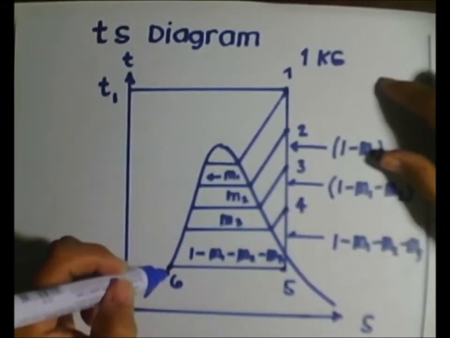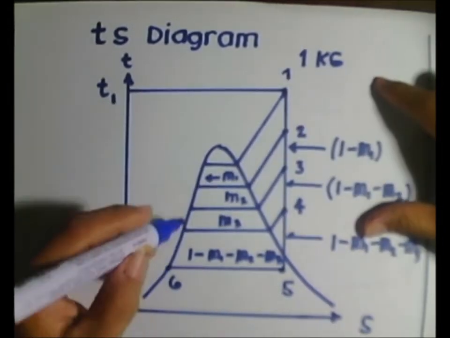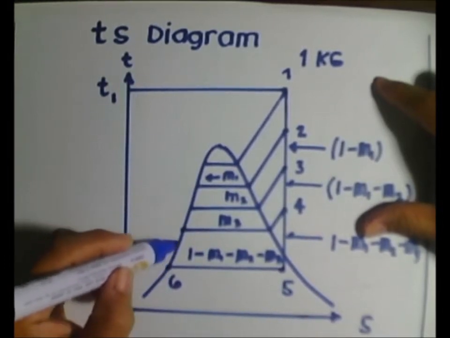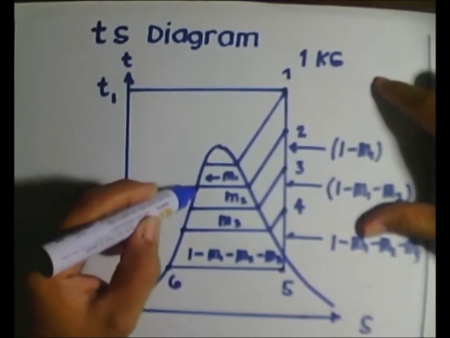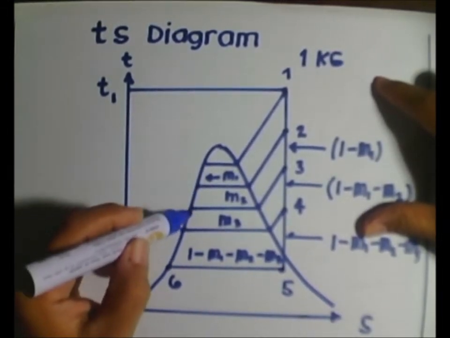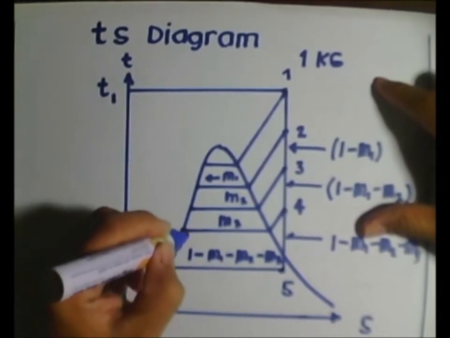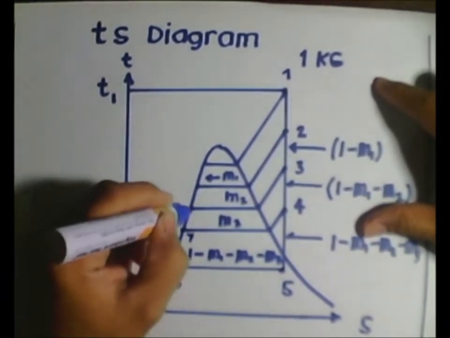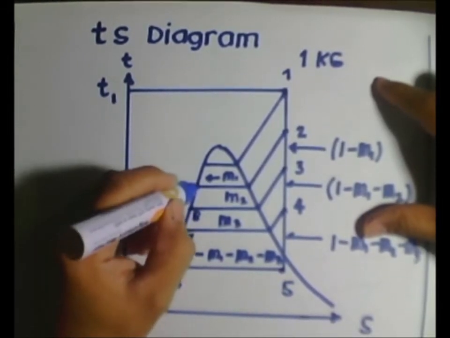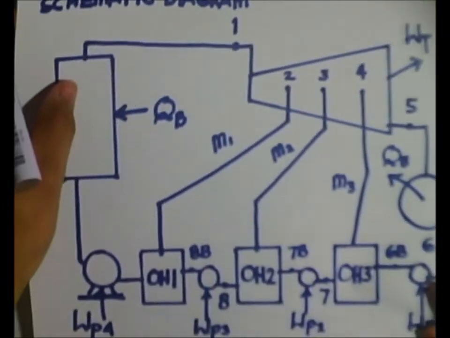Now at point 6, where we have the pumps already on this side here, and these are ideally saturated liquid conditions here, 100% of them. So this one is 0.7, this one is 0.8, and this one is 0.9. By the way, we have that here.